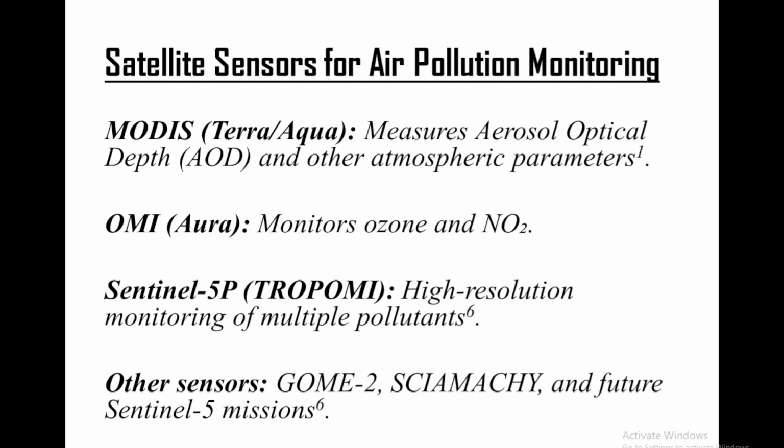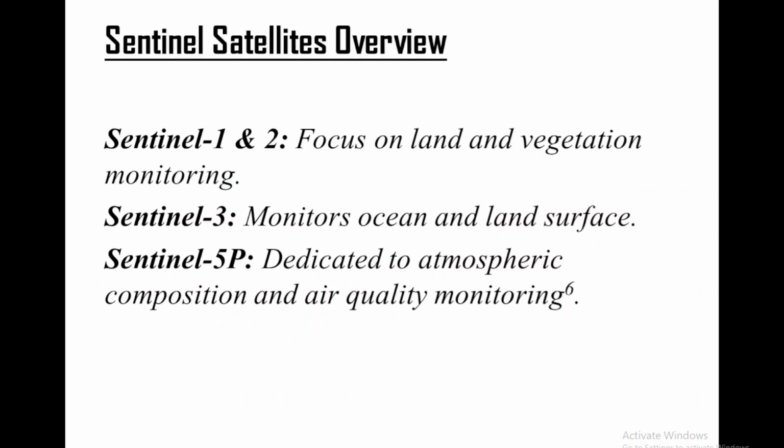TROPOMI provides near daily measurements at a spatial resolution as fine as 5.5 to 3.5 kilometers, making it suitable for detecting pollution over cities and even large industrial complexes. It covers key pollutants including nitrogen dioxide, carbon monoxide, sulfur dioxide, CH4, and aerosols.